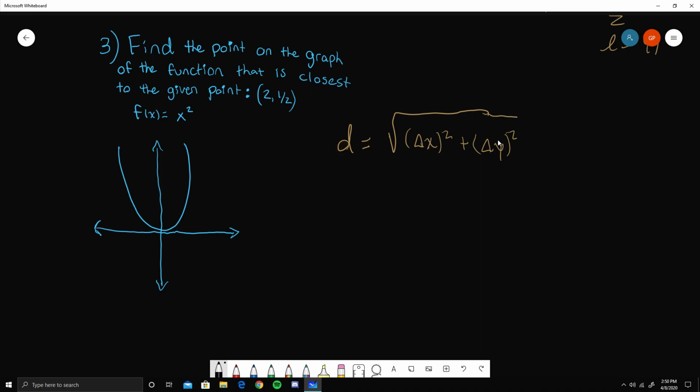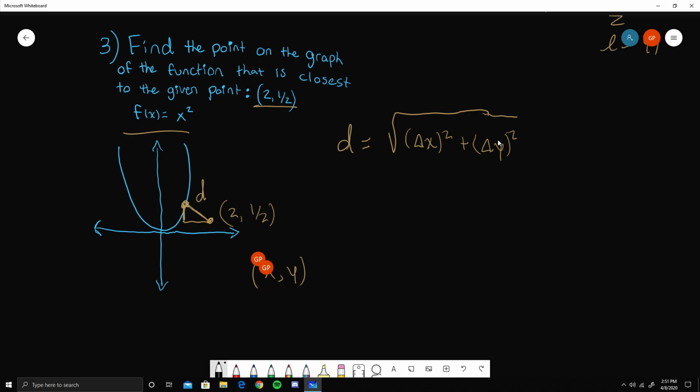So now I have my function and I have my point. So I'm going to put my point here and I'm going to label it (2, 1/2). And I'm going to draw a line here, and this line is D. So I need to find out what the change here is in my x and in my y. Here, the imaginary point that we're trying to find has an (x, y).